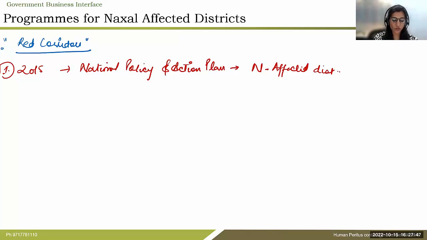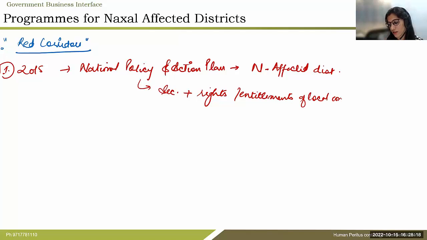It was there to provide security and development and to provide the rights and entitlements of the local communities living there. All right. Now, this national policy had various schemes under it, which focused upon providing the security plus the rights and entitlements of local communities.